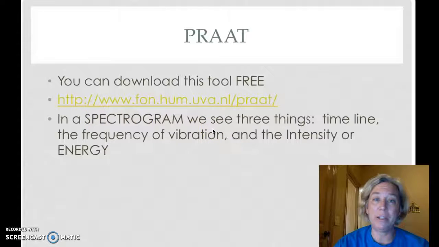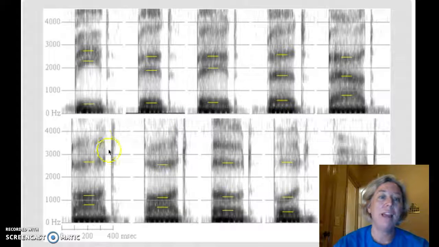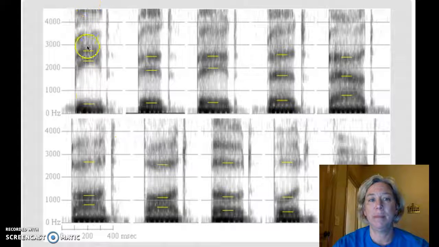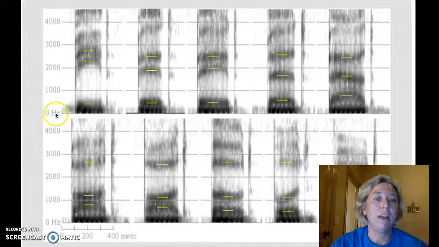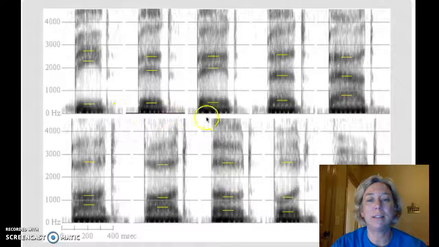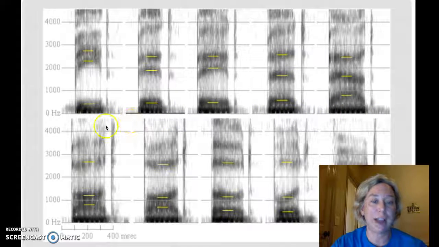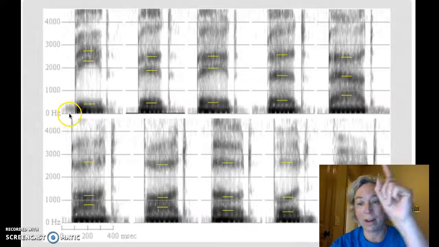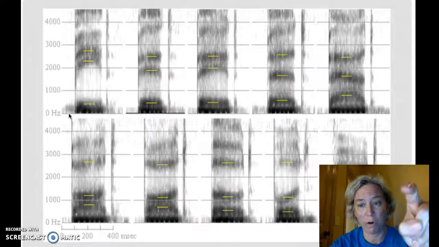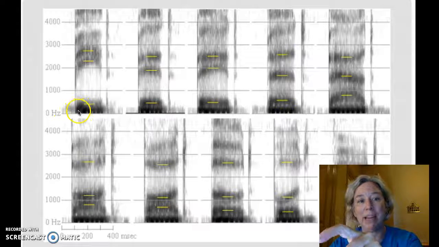Let me flip to the next slide and I'll show you the things that are identified on a spectrogram. Each one of these pictures is what we call a spectrogram. And you see these bars on the spectrogram. If we went across this line, this is called an x-axis, because it's going crosswise. This would be time. So if I hit record right now, across time, I might say a sound.